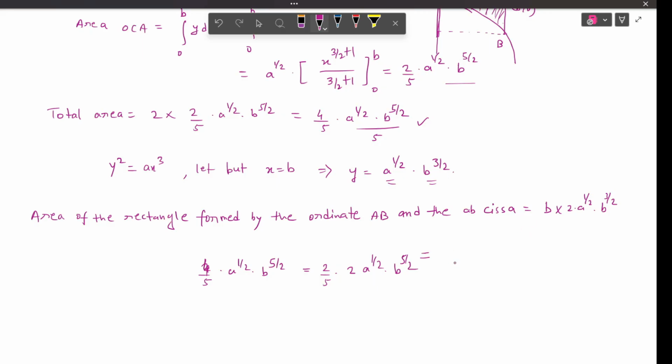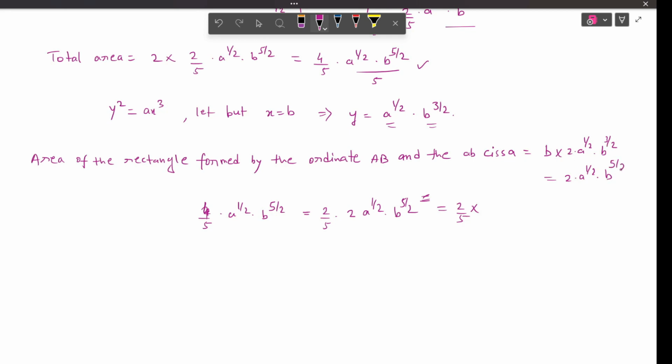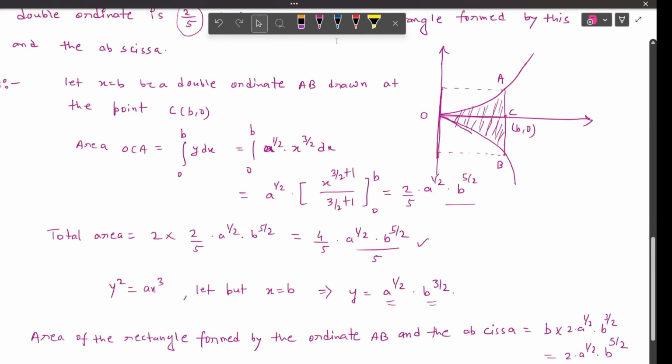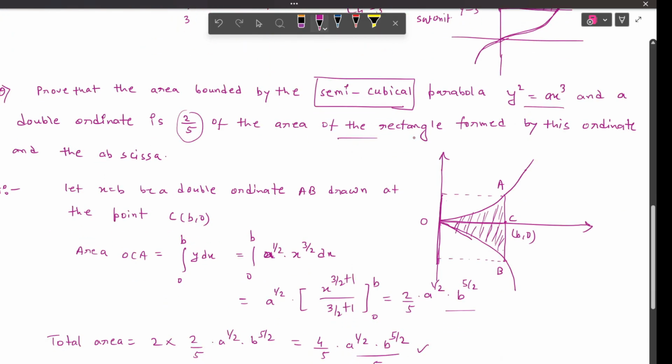Now this area is 2 by 5 times, and this is your twice a to the power half into b to the power 3 by 2, that means b to the power 5 by 2. So 2 by 5 times the area bounded by this semi-cubical parabola and the double ordinate. 2 by 5 times the area of the rectangle.